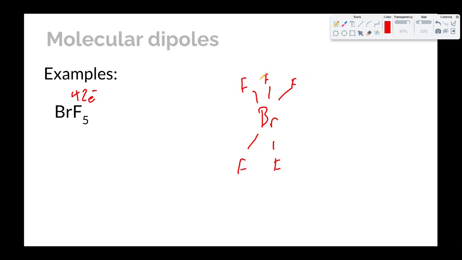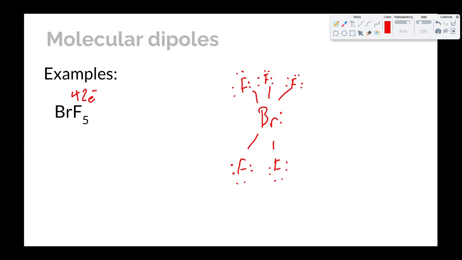And fill octets. 2, 4, 6, 8, 10, 12, 14, 16, 18, 20, 22, 24, 26, 28, 30, and then with the bonds, 32, 34, 36, 38, 40. We need another lone pair. So this is going to have steric number 6, 1 lone pair. This is a square pyramidal.